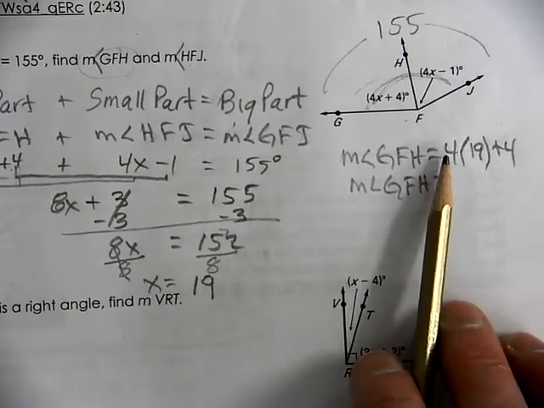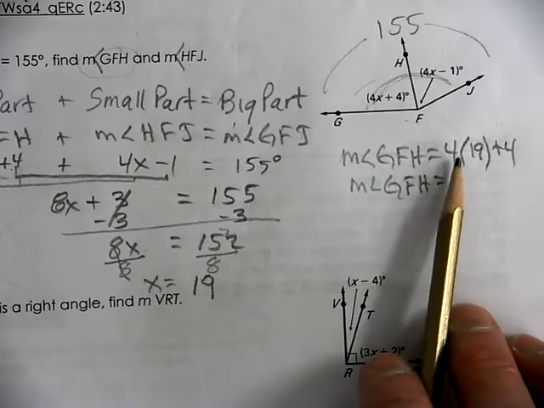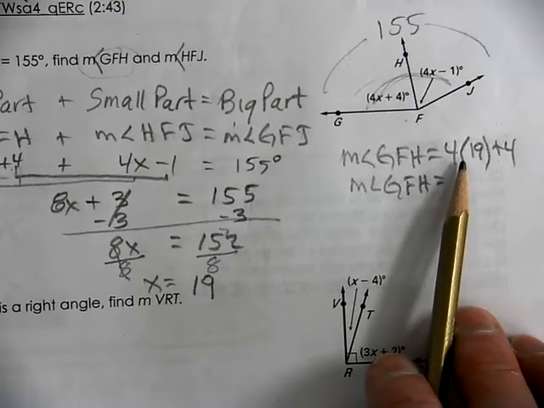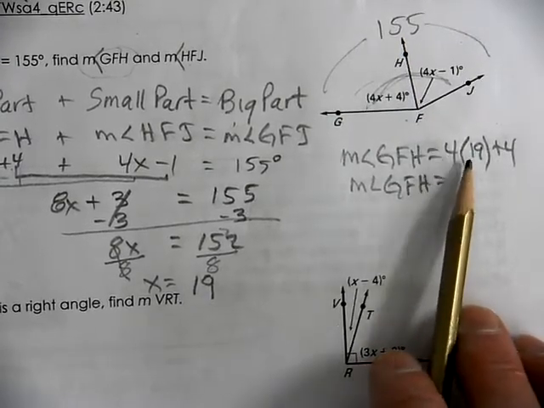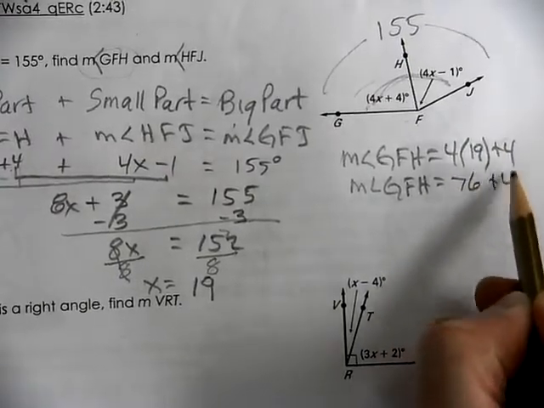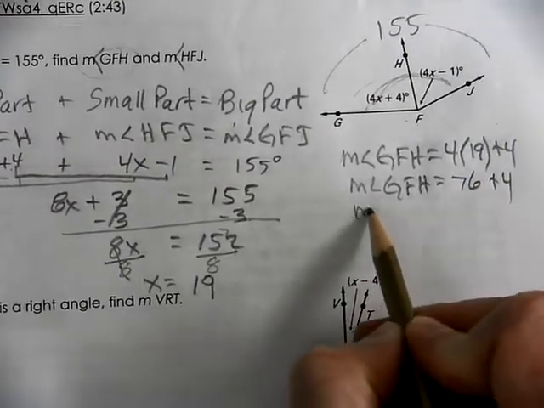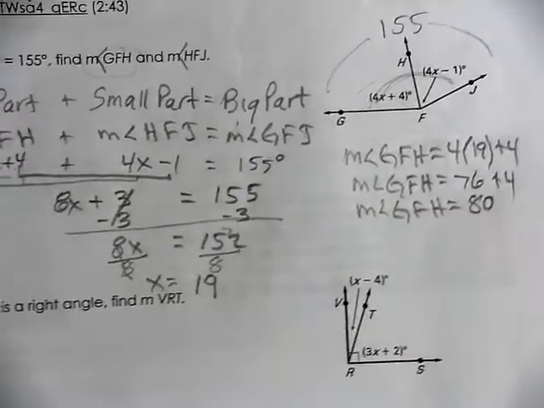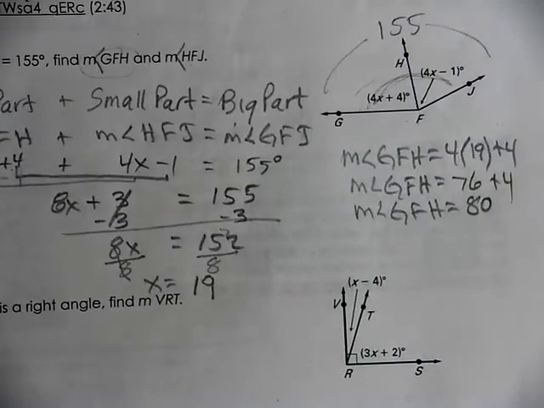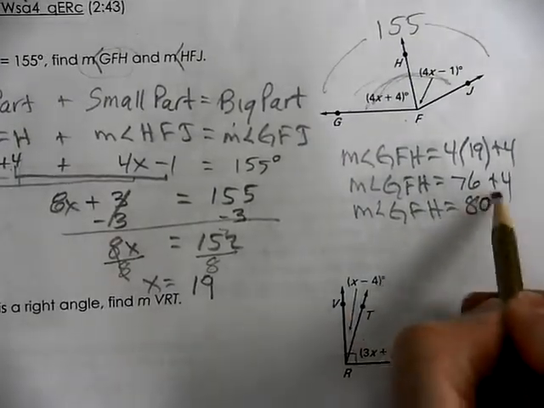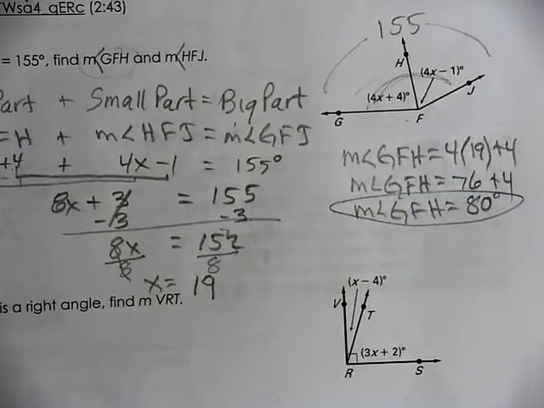But I'm going to only do 4 times 19, so that's actually 4 less. That's 19, that's 1 less, and then another 19, that's 2 less, another 19, and another 19. So that's going to be 76 plus 4, and that takes me right back up to the 80. So the measurement of angle GFH is 80 degrees. You can circle that answer.